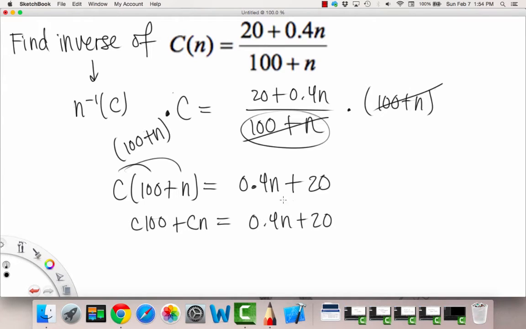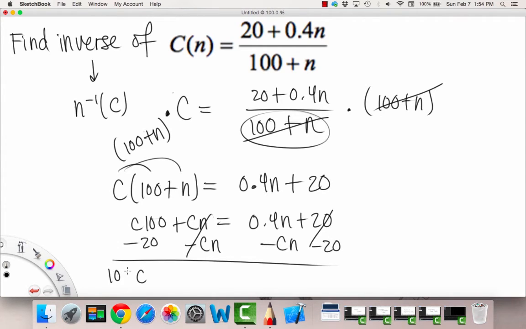Again, we're aiming for getting n by itself. So what we can do is subtract cn from both sides, and we can also subtract 20 at the same time. On the left side, we get 100c minus 20, which is equal to 0.4n minus cn.